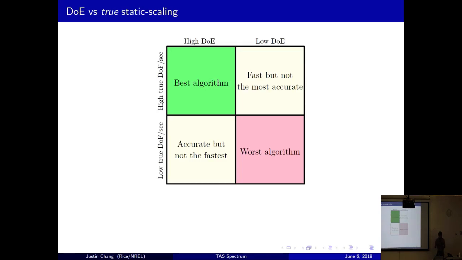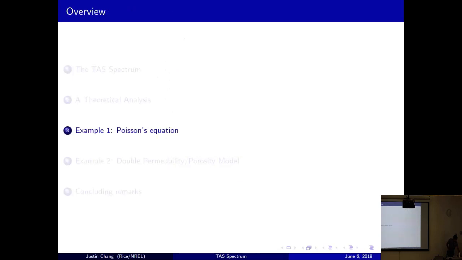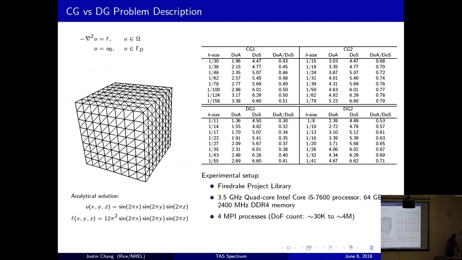But the difference between these two, in my opinion, is that high digits of efficacy is an indicator of how accurate your algorithm or solver may be, whereas the true static scaling is more of an indicator of how fast you process the digits of accuracy. We'll see how these two metrics can be very useful in this first example, which is the very difficult Poisson's equation. Here I'm using the Firedrake project library, which is really great software, by the way.